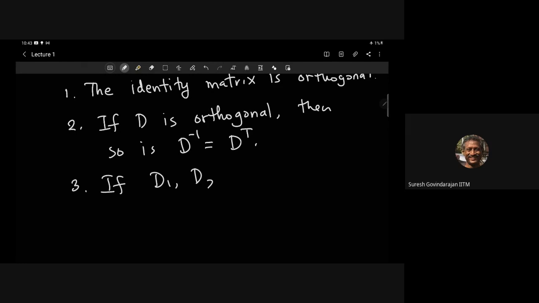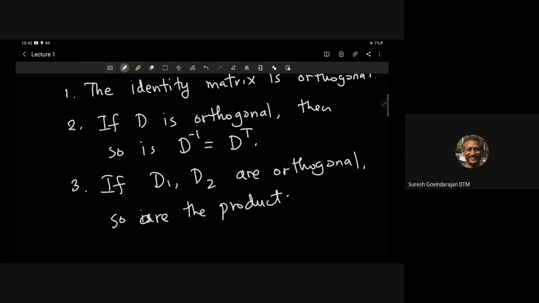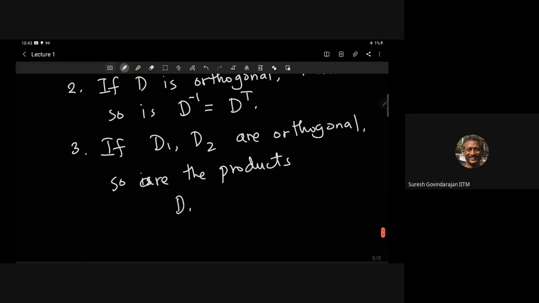D1, D2 are orthogonal, so are the products. What I'm saying is, if D1 and D2 are orthogonal, D1 dot D2 you multiply them, or D2 dot D1, whichever, both of them are also orthogonal.